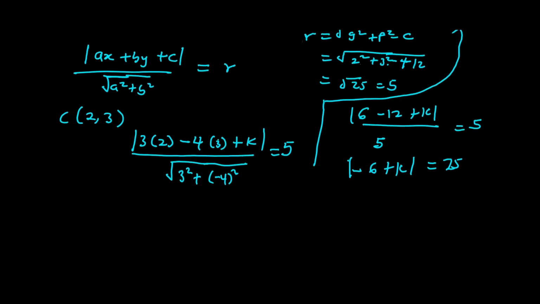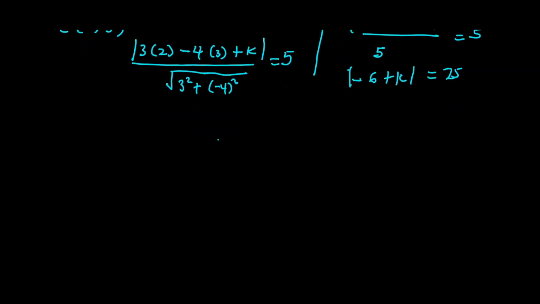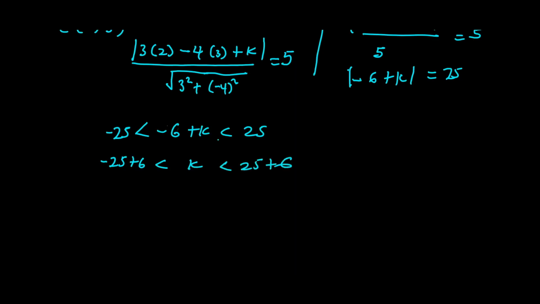From our absolute value, we learned that we can rewrite this as -6 plus k less than 25, and then that's -25. We add 6 to both sides, and then we have -25 plus 6 less than k less than 25 plus 6. Now when we add them, we have -19 less than k less than 31.